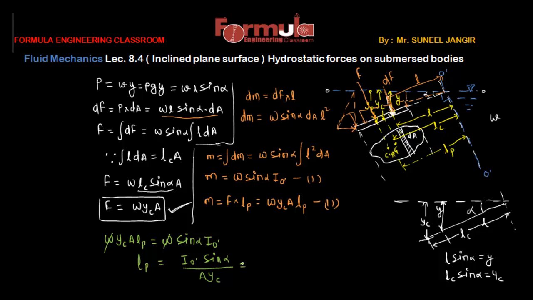So I can write I O' will be equal to IC, the moment of inertia about the self axis, plus A LC square, into sin alpha divided by A YC.